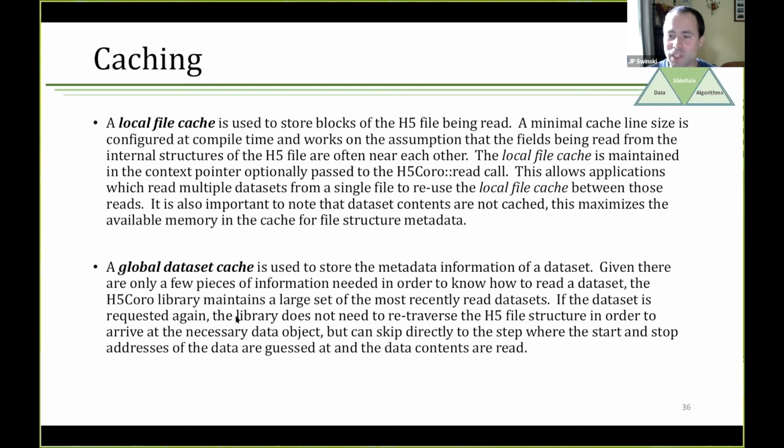But I added it because it's almost free. You only need a couple hundred bytes to store all the meta information you need for a data set, so I can store like 100,000 data sets in local caches and then rotate them out based on their usage pretty easily. So I do that.